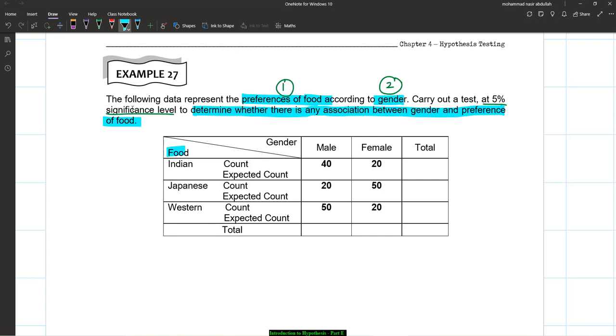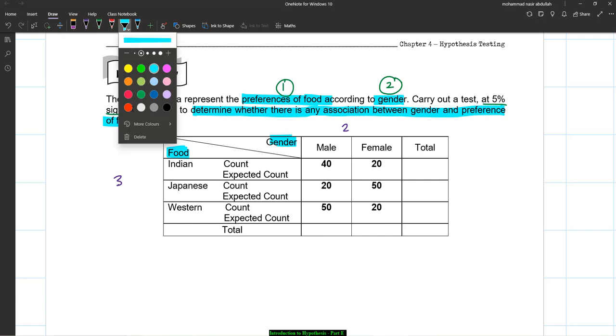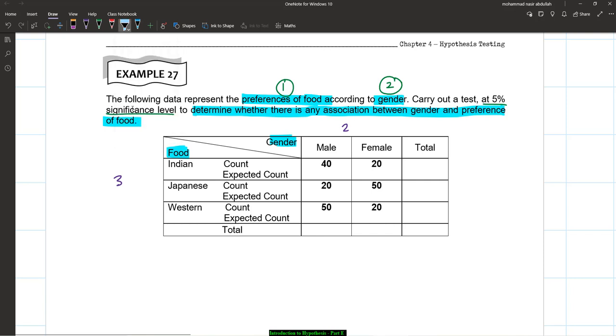We have food in the rows and gender in the columns, right? So we have three rows and two columns. First step, let's fill in the missing values in this table. Let's focus on the count. Let me highlight this so you can see clearly. This is the value we want to fill in first. So 40 plus 20 is equal to 60.